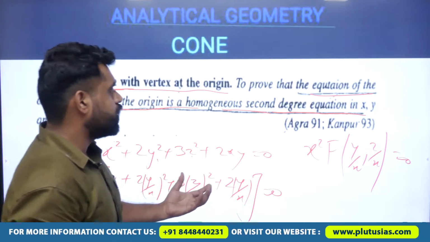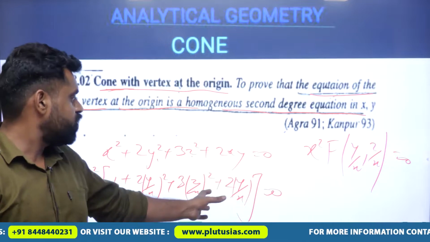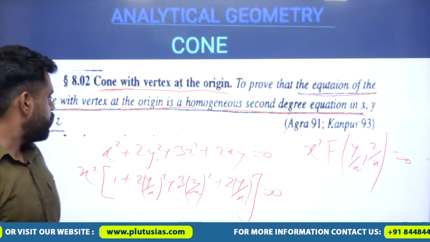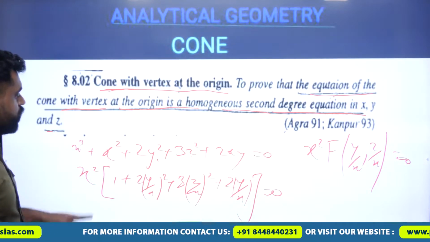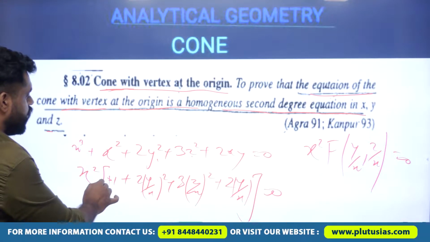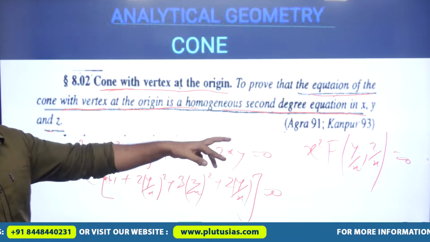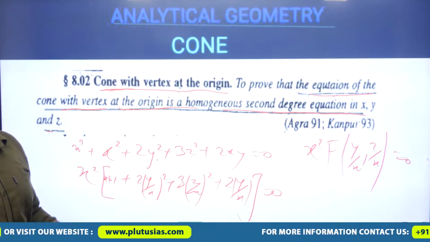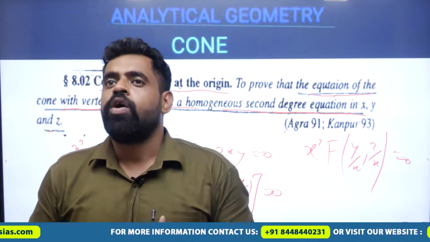So it is a function of y upon x and z upon x. You won't see any other term. Suppose if you had taken x cube, then you would have gotten a term x here, and you can't say that this is a function of y upon x or z upon x. So I think you are clear with the concept of what is meant by homogeneous.